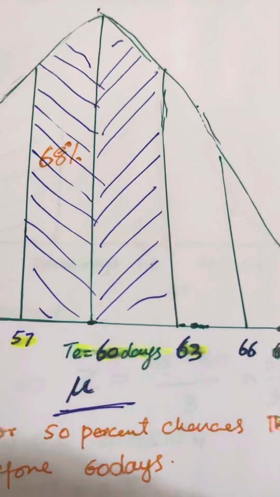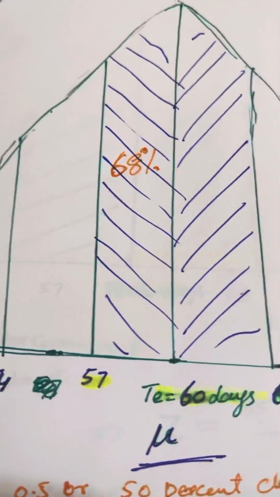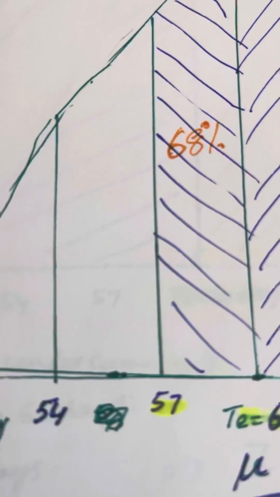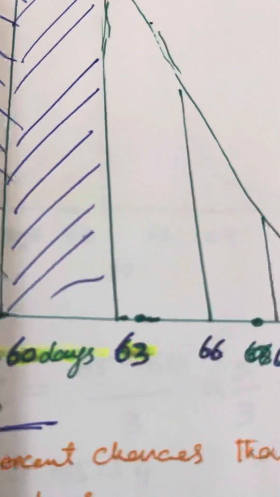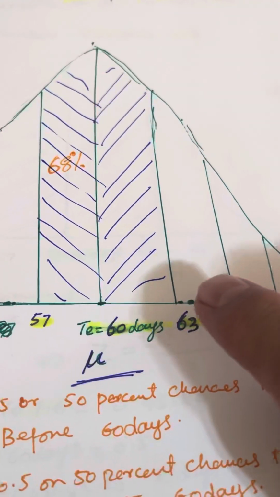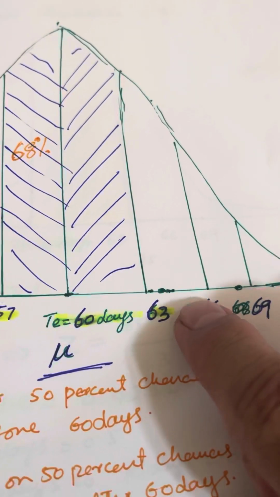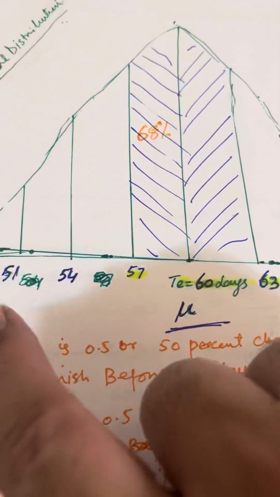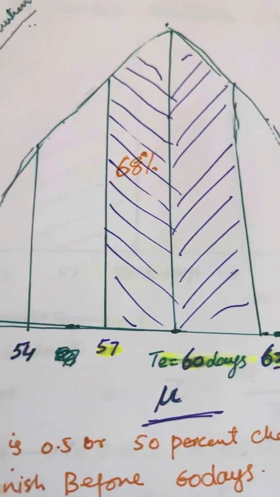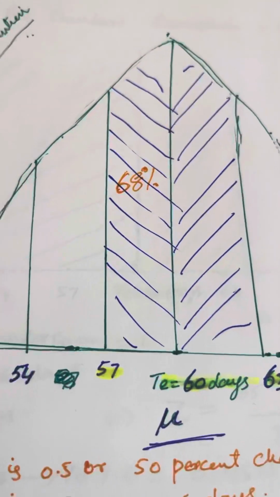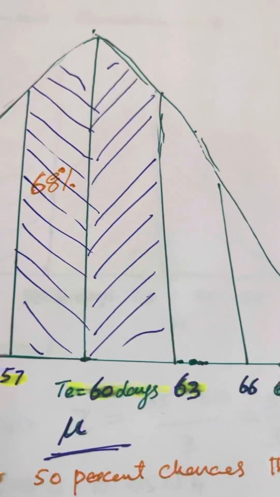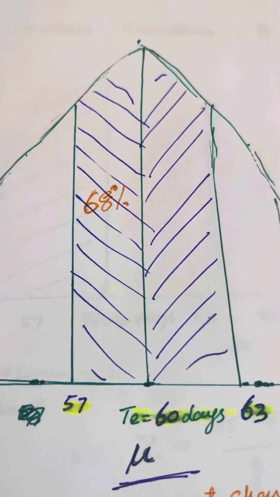Let's say this is 54 and this is 66. From here to here, this is 95%. So there is a 95% chance that the project will be completed between 54 and 66 days.